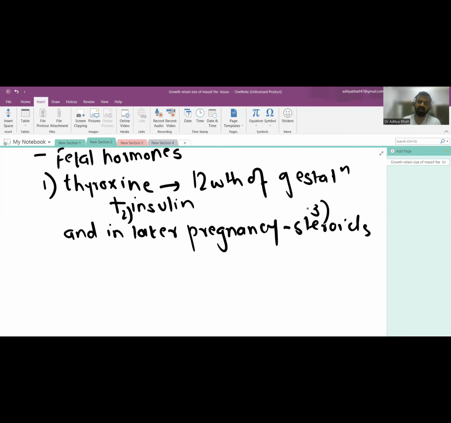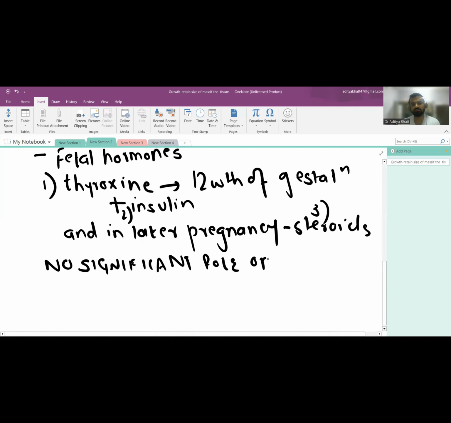Mind you, you might have noticed that there is no significant role of growth hormone in the growth or development of a child in the womb. So in utero development, there is no role of growth hormone. Imagine you have a newborn with growth hormone deficiency.